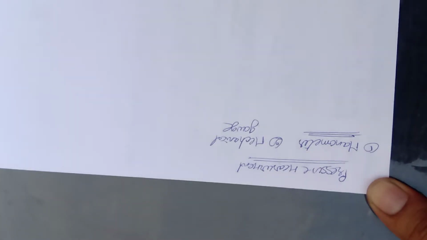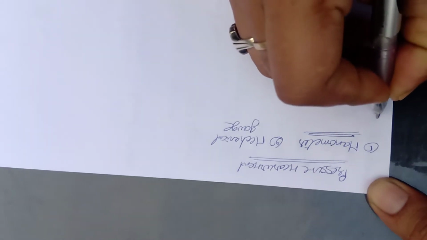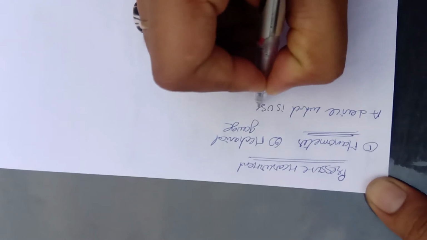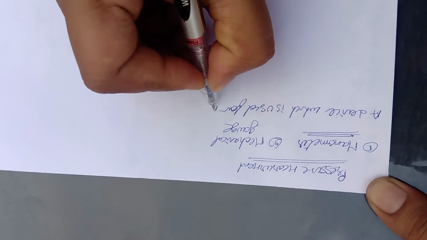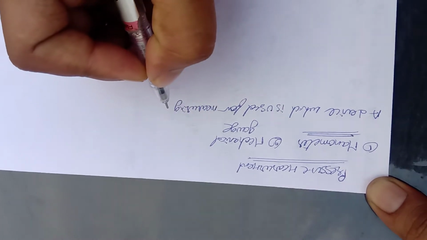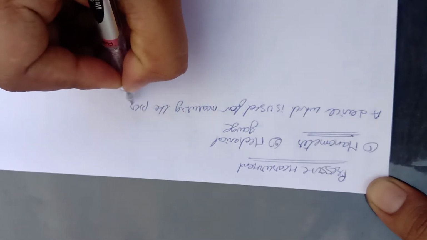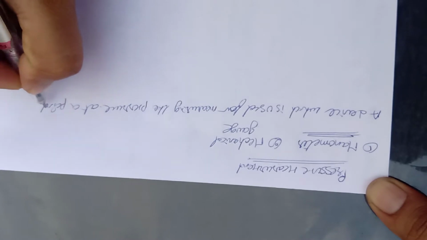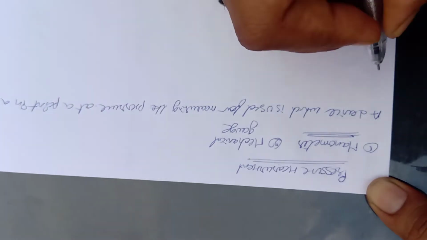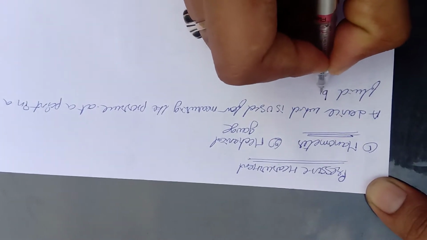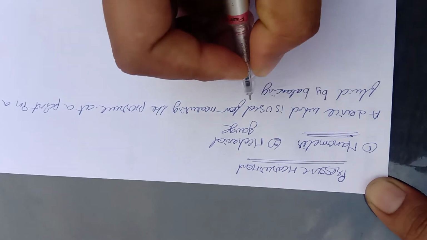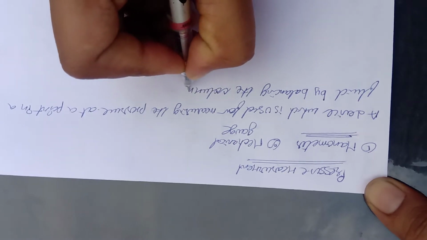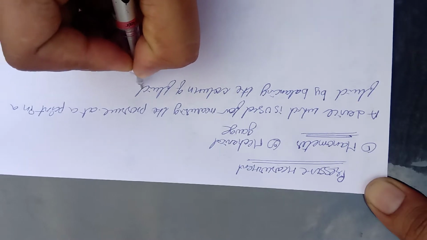See, a manometer can be defined as a device which is used for measuring the pressure at a point in a fluid by balancing the column of fluid by the same.